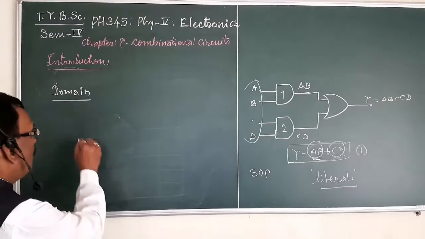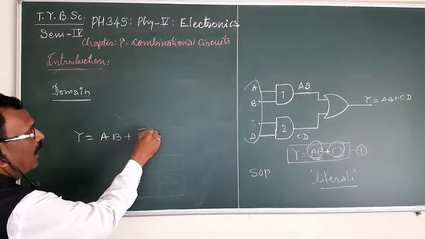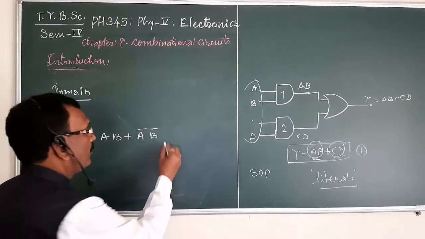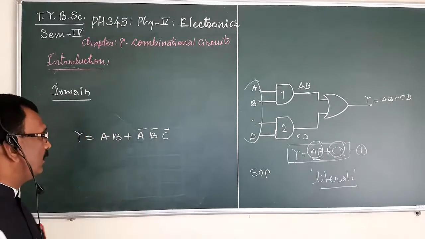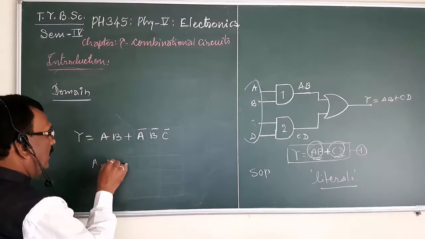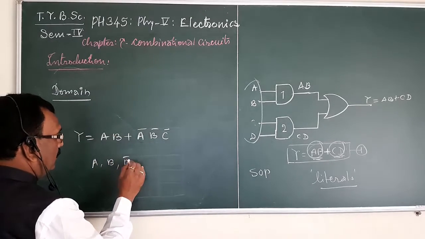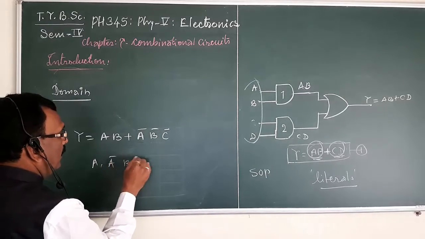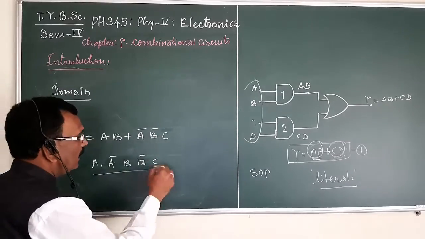For example, y is equal to ab plus a bar b bar c, okay. Now here a, b, a bar, b bar and c, these are the inputs.